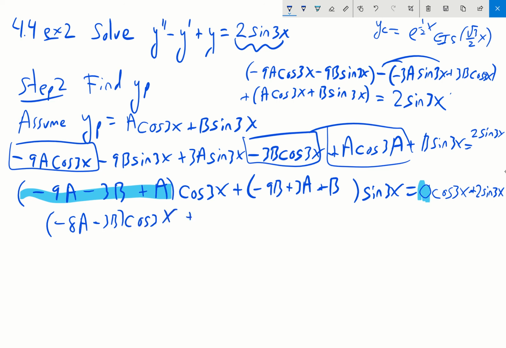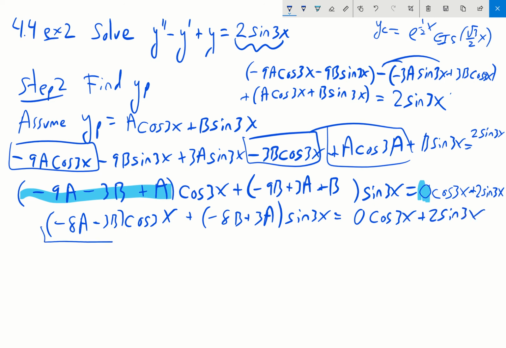Negative 9b plus b would make a negative 8b plus 3a, times the sine of 3x, equals 0 cosine 3x plus 2 sine 3x.